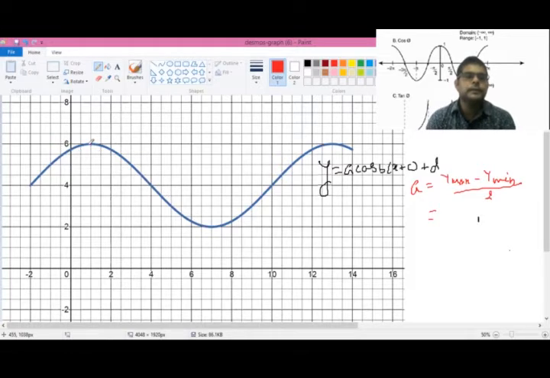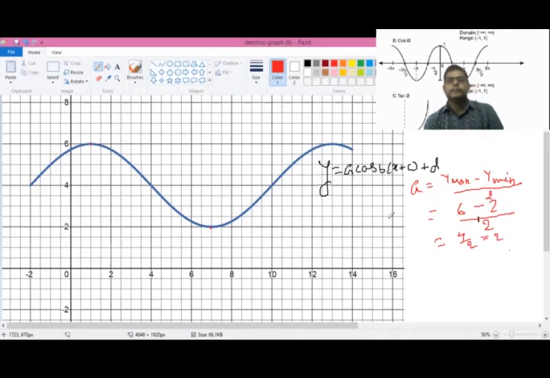From here to here this is 6, and the y minimum value is here, which is 2. So 6 minus 2 is 4, divided by 2 is 2. So we have the value of a.